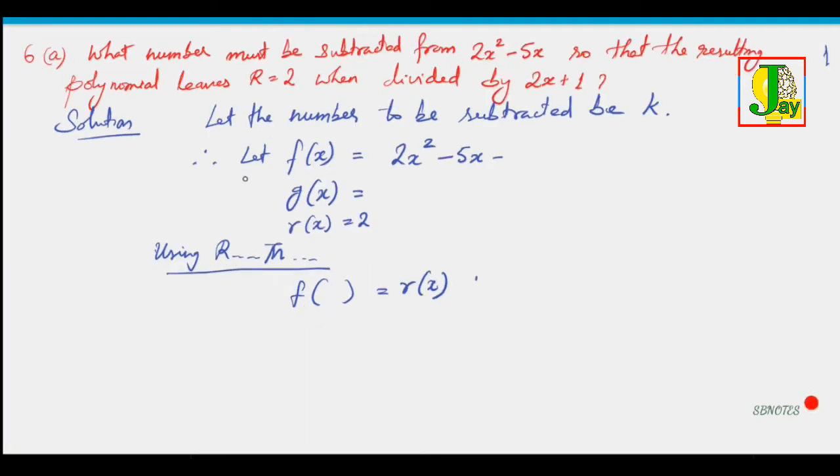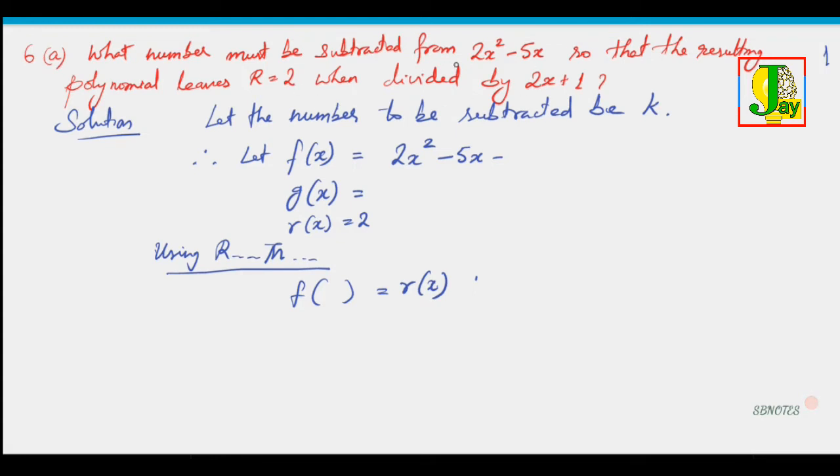Now let us see this question where we have: what number must be subtracted from this expression 2x square minus 5x, so that the resulting polynomial leaves remainder 2. So something has to be subtracted from this expression. इसमें से कुछ माइनस करेंगे तभी जाकर के अगर हम उसको 2x plus 1 से डिवाइड करते हैं तो रिमाइंडर 2 हमारे पास होगा.